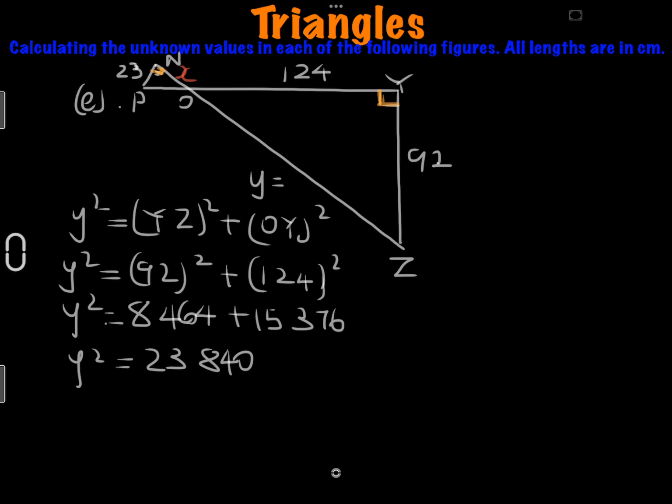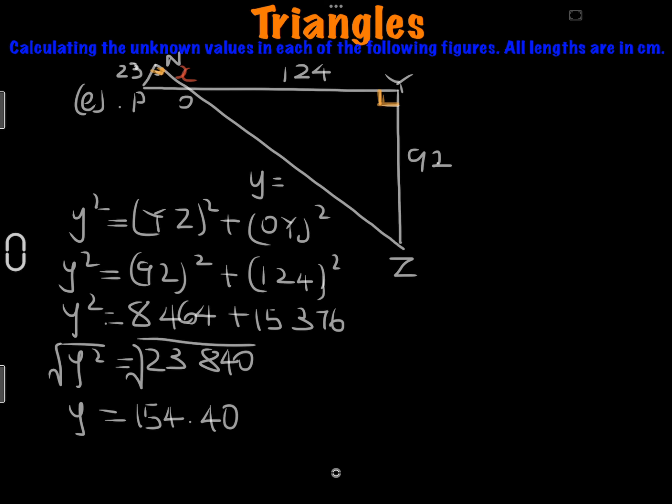Now we need to take the square root on both sides, so the square falls off. The square root of 23,840 gives us 154.40, rounded off to two decimal places.